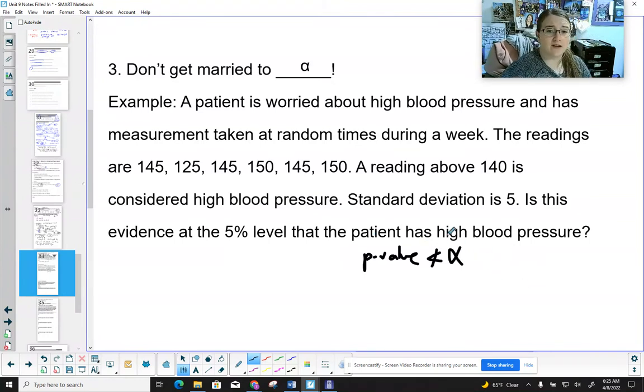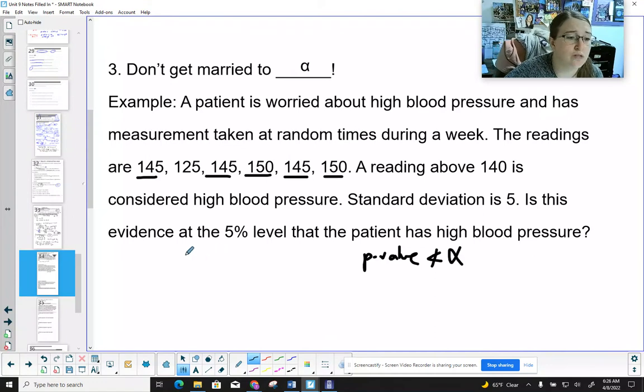And so we don't have enough evidence that they have high blood pressure. However, when you look at the data anyways, 145, 145, 150, 145, 150, even though the math says we don't have enough data to say that they have high blood pressure, 5 of the 6 had high blood pressure.